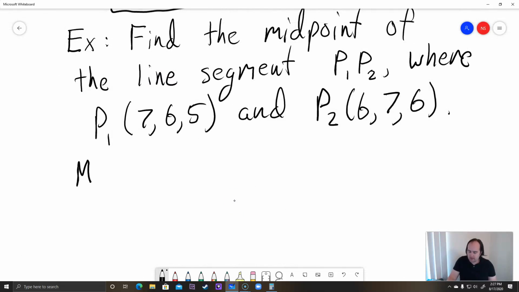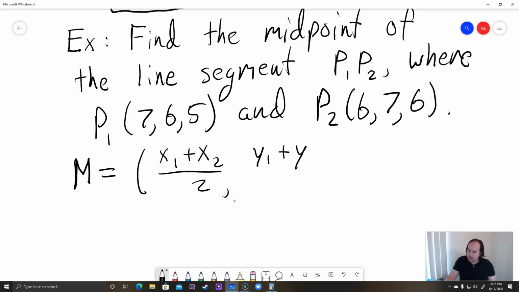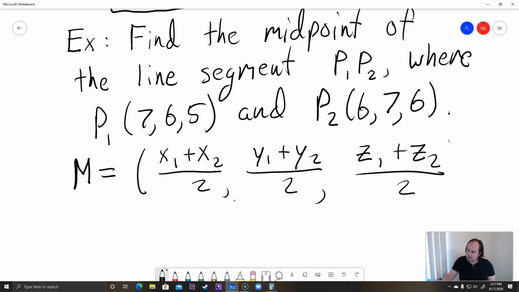The formula is M equals parentheses x1 plus x2 divided by 2, comma y1 plus y2 divided by 2, comma z1 plus z2 divided by 2.